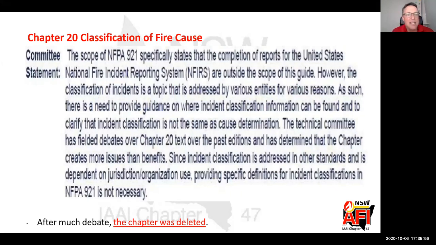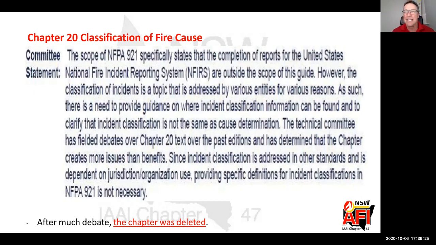As such, there is a need to provide guidance on where incident classification information can be found and to clarify that incident classification is not the same as cause determination. The technical committee has fielded debates over Chapter 20 over the past editions and has determined that the chapter creates more issues than benefits, since incident classification is addressed in other standards and is dependent on jurisdiction, organisation, and use. Providing specific definitions for incident classification in 921 is not necessary.